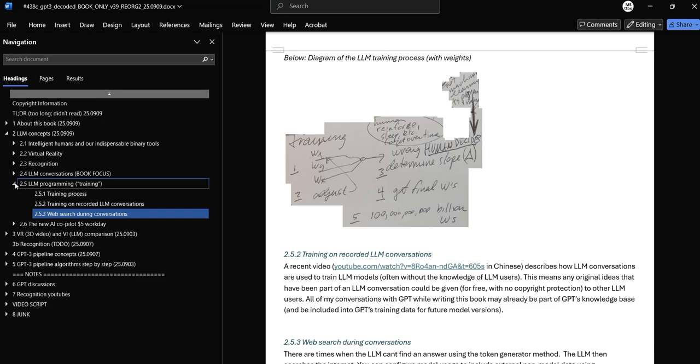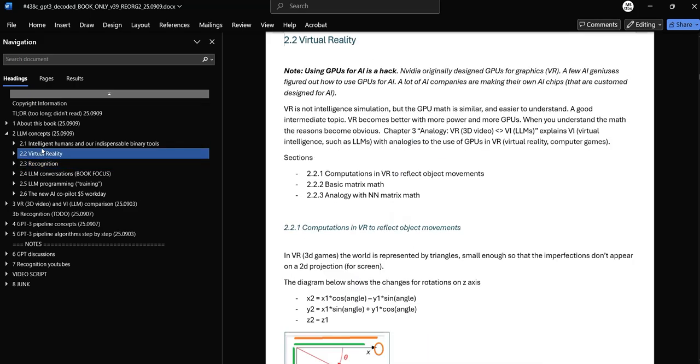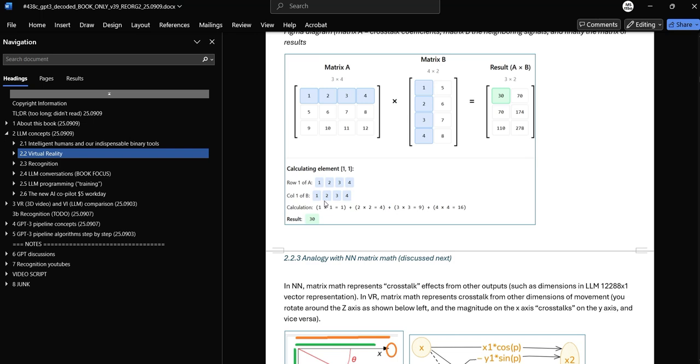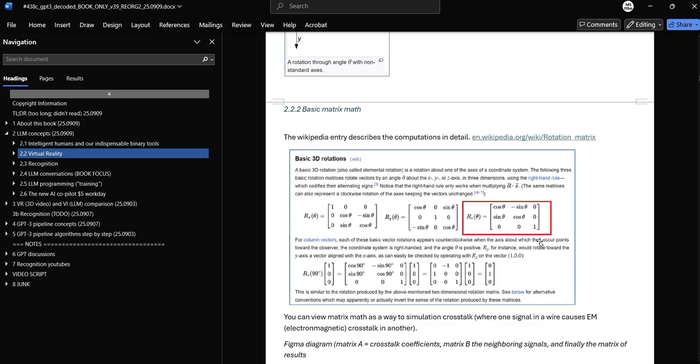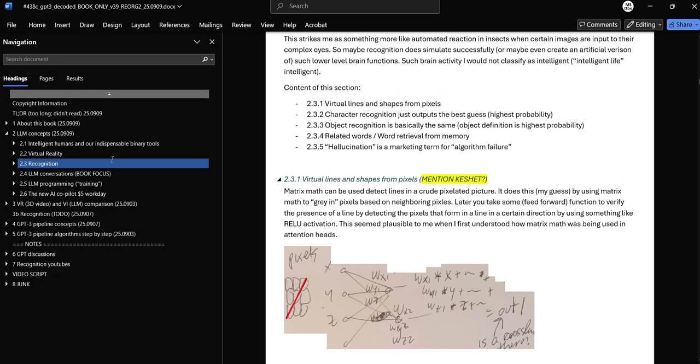So it's just fixed. And that's what they call LLM training. And then we talked about recognition. We talked about virtual reality. So I try to explain more the math matrix here. Again, a lot of my own ideas.